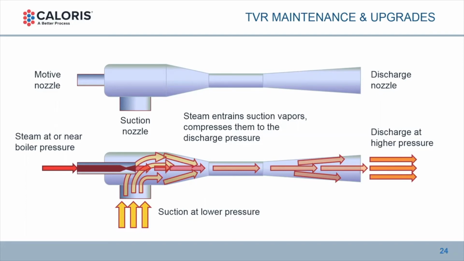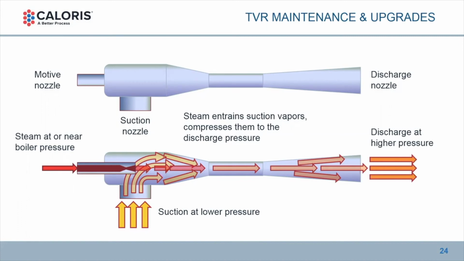These TVRs are engineered for a very specific compression ratio, a certain volumetric flow of vapor being sucked in relative to the steam being used. And if that suction vapor gets starved in any way, or you try to push more steam into the motive nozzle for a higher delta T, you're getting beyond the design parameters of that original TVR.